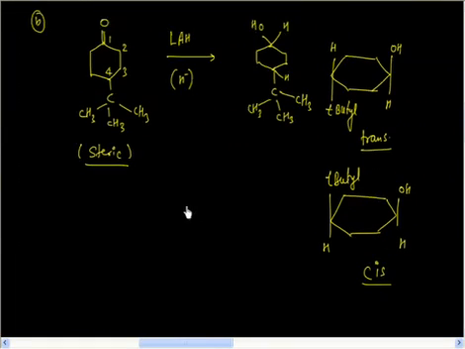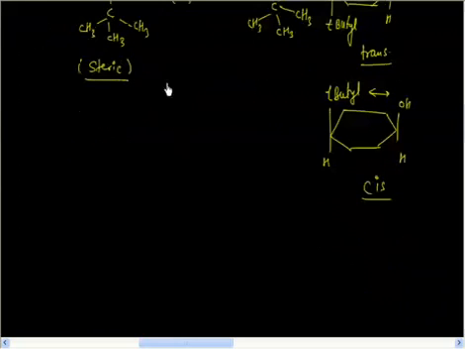Now practically these two products should not be the same, but theoretically you can say H minus can attack from this side, or H minus can attack from this side, and you will have equal amounts. But practically in this case, because tert-butyl causes steric hindrance, you have a steric repulsion. In this case the steric repulsion is less, so the trans product will be more than the cis product.